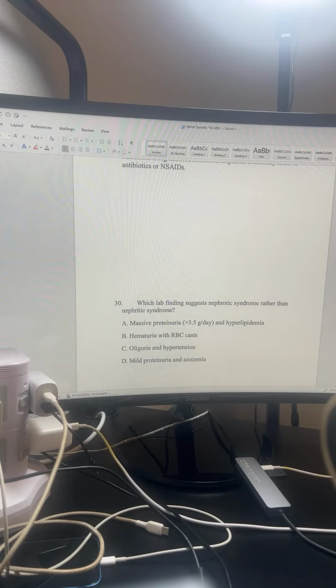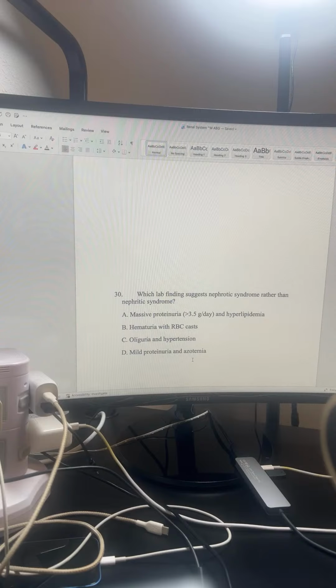Let's get to this one. Which lab findings suggest nephrotic syndrome rather than nephritic syndrome? A, massive proteinuria and hyperlipidemia. B, hematuria with red blood cell cast. C, oliguria and hypertension. D, mild proteinuria and azotemia.